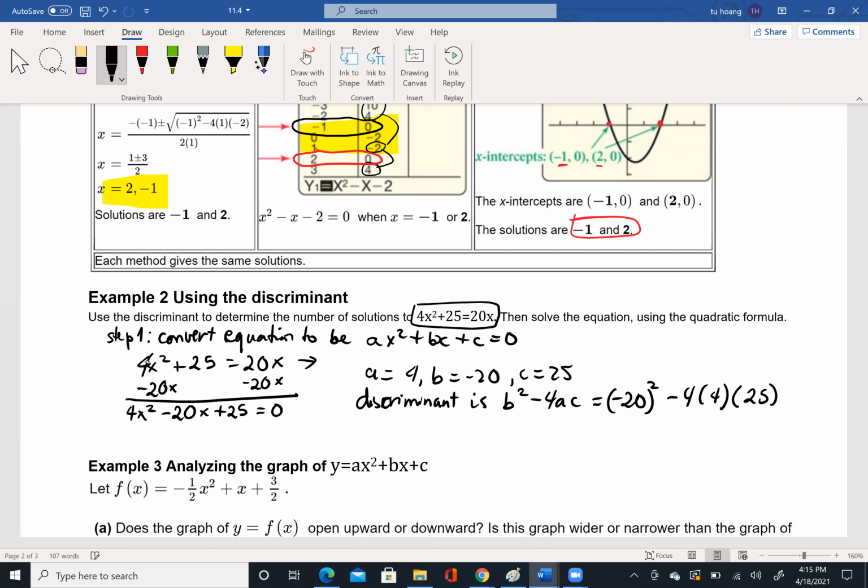So what do I have now? It's going to be equal to 0. That tells me that there is one real solution for this equation.